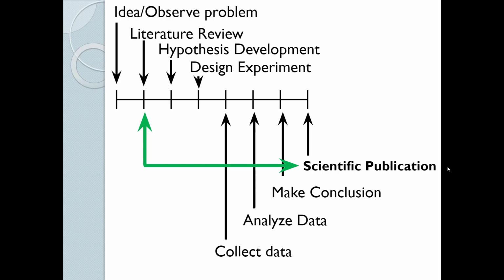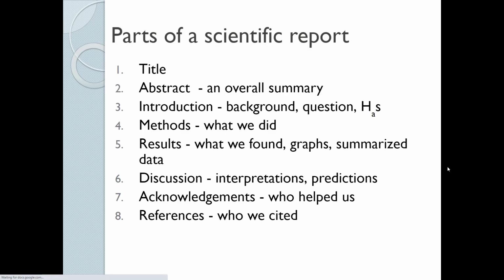So it's important for us to do a good job with a literature review, because we know how to maneuver our way through a peer-reviewed publication. So let's start pulling these pieces apart.